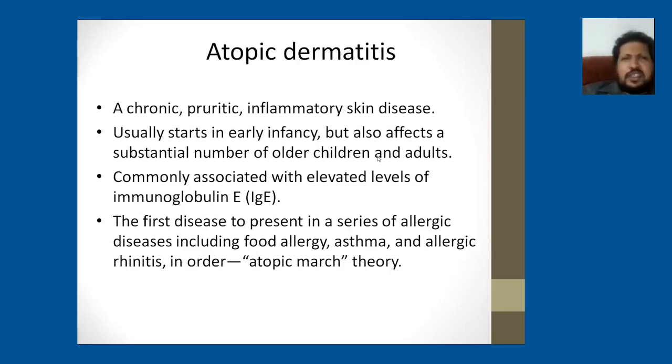So in these people, they may have elevated IgE levels, and usually the disease progresses sequentially. You start with atopic dermatitis, move on to food allergies, asthma, and allergic rhinitis in what we call an atopic march.